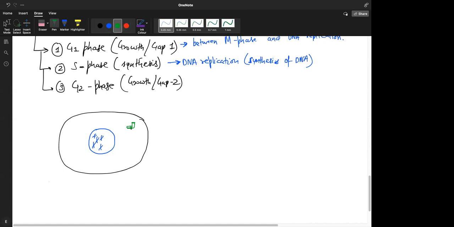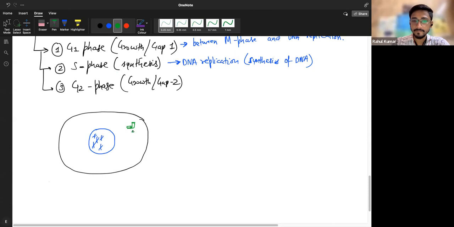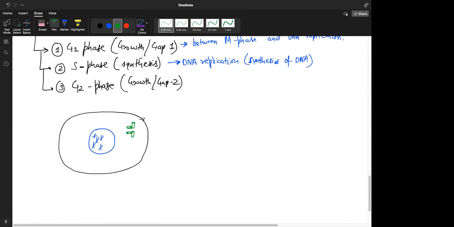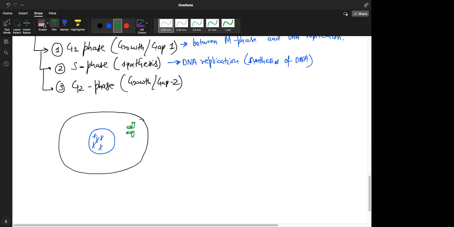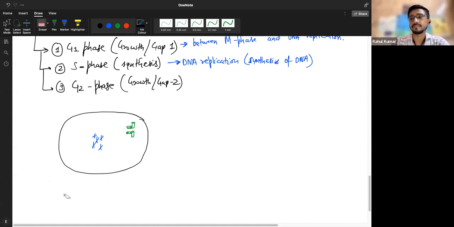Also, the centriole replicated in the cytoplasm. Is it clear? This is what happens. Then in the next step, the nuclear membrane dissolves. There is no nuclear membrane.